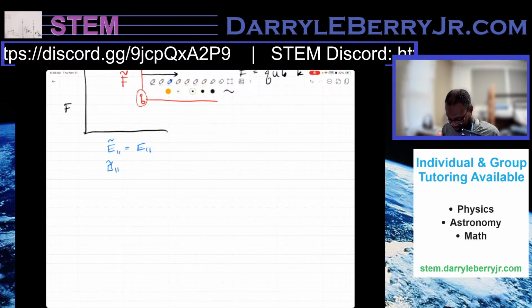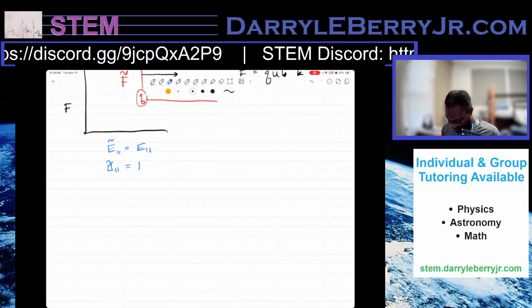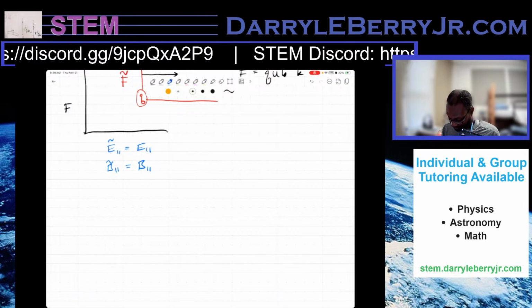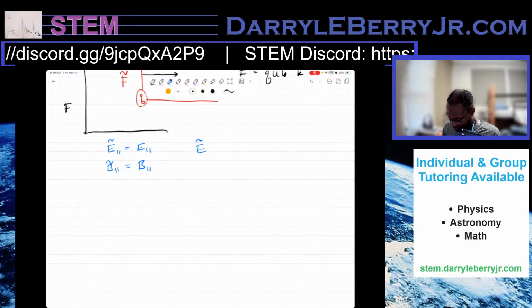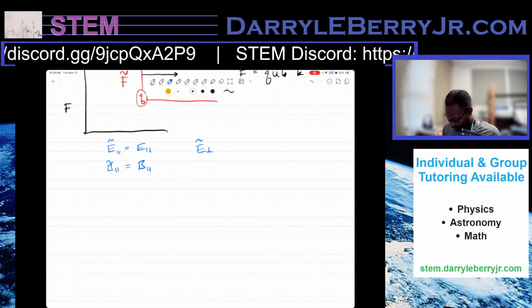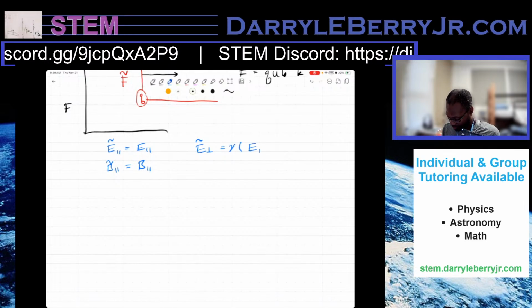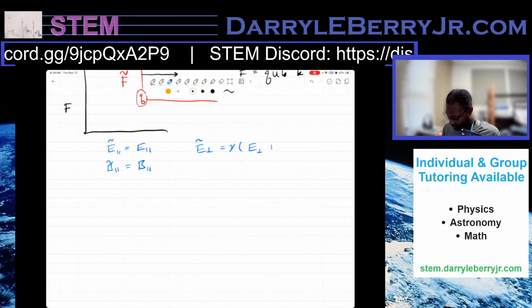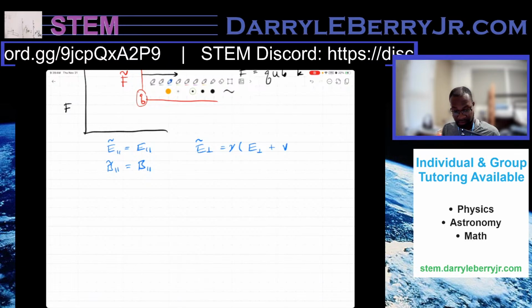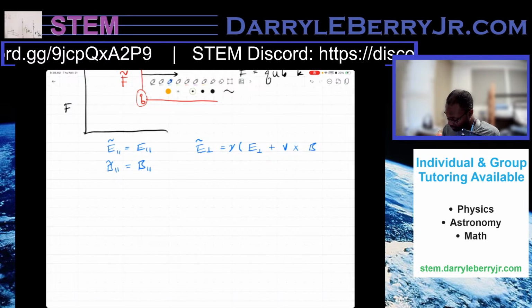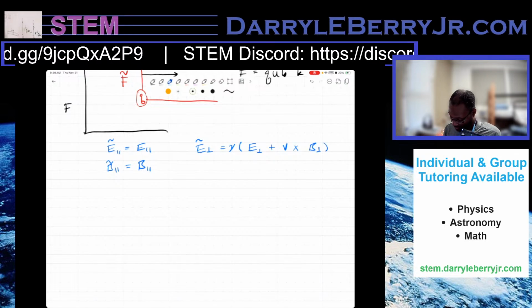B boosted parallel equals B parallel. E boosted perpendicular equals gamma times E perpendicular plus V cross B perpendicular.